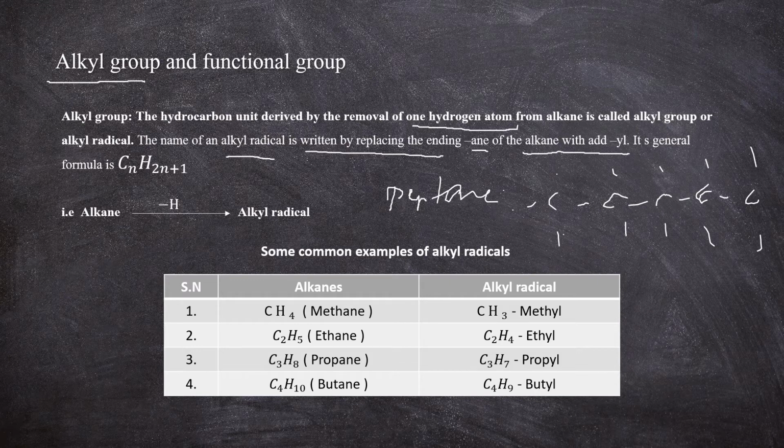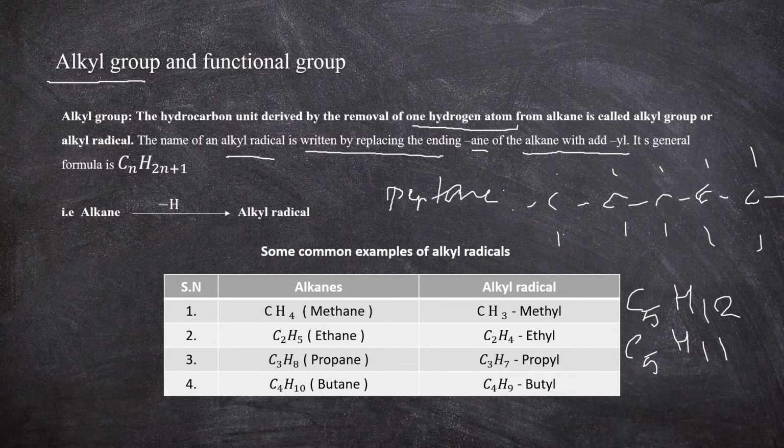So here it is C5 and H12. Counting 1 2 3 4 5 6 7 8 9 10 11 12. So in the alkyl group it will be C5H11.